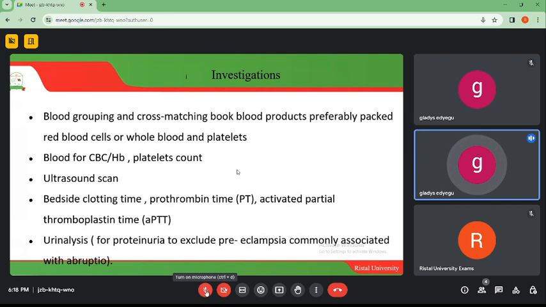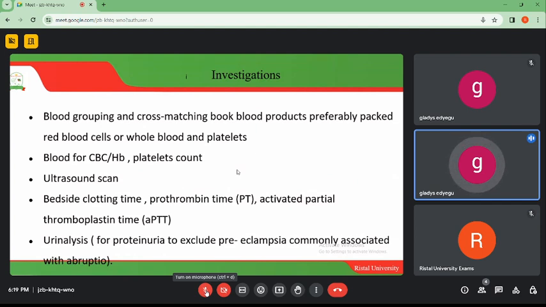Then an ultrasound scan can also tell us what type of placenta abruptio this mother is having. Then besides that, clotting time, prothrombin time, and activated partial thromboplastin time can also be done so that we can know whether this mother's blood can clot. This is very important so that we can see whether we are going to transfuse her with whole blood, or look for platelets to help stimulate and support the clotting factors.